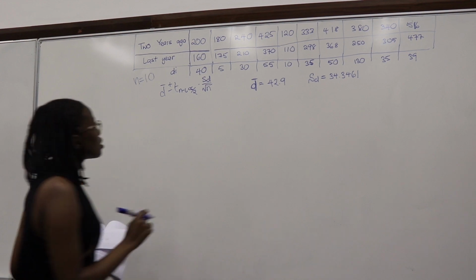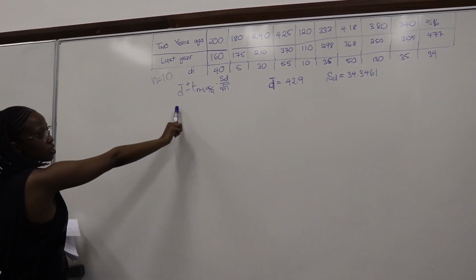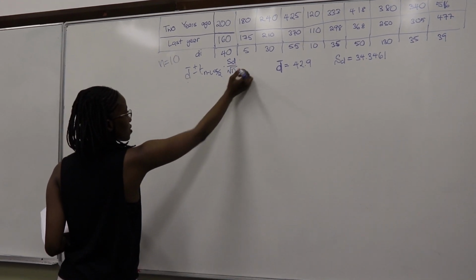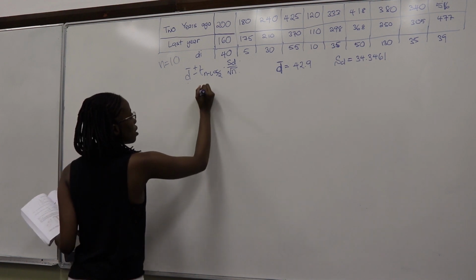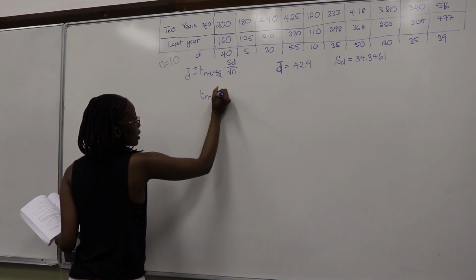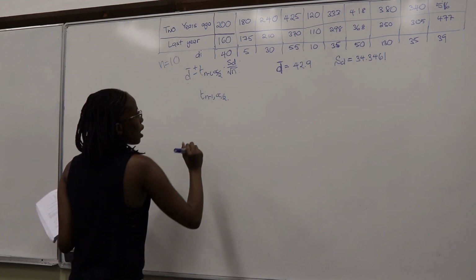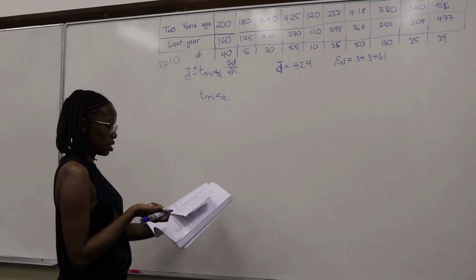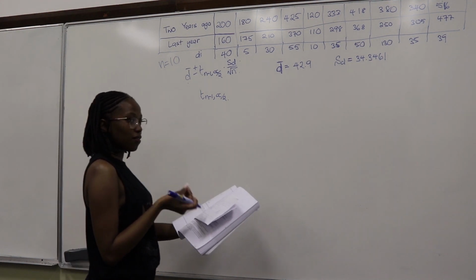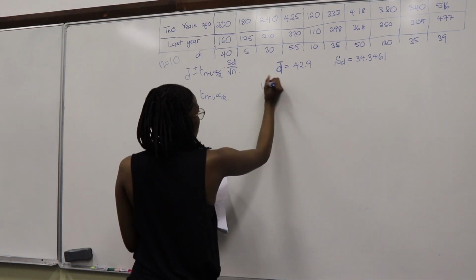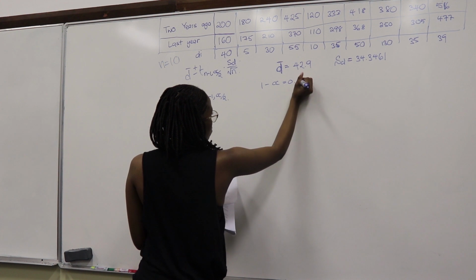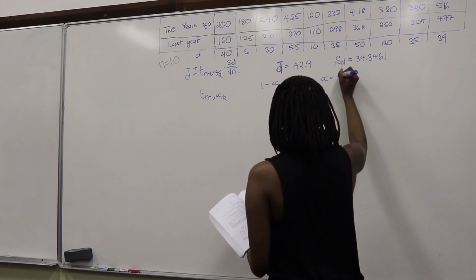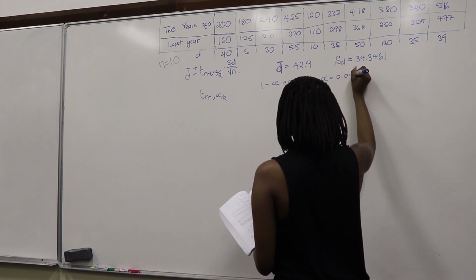Looking at our equation, we have this value, this value, and this value, but we don't have this yet. For t n minus 1 of alpha over 2, we're using a 95% level of confidence, so 1 minus alpha is equal to 0.95, where alpha is our level of significance, 0.05.